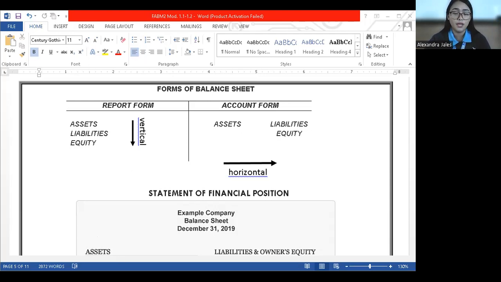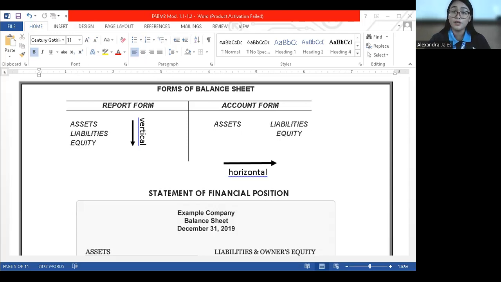Well, last week, we did identify the elements of your SFP and we did describe each of these. We did discuss the 5 major accounts. What are the 5 major accounts? You already have your assets, liabilities, equity, income, and expenses.